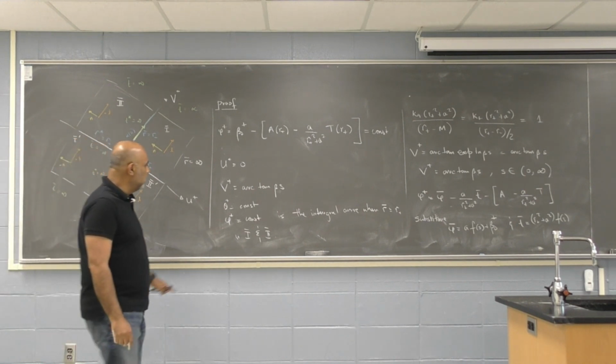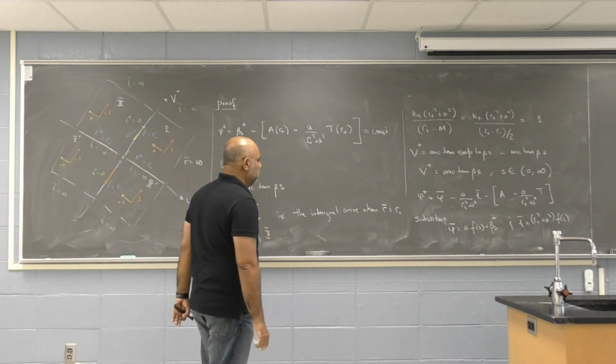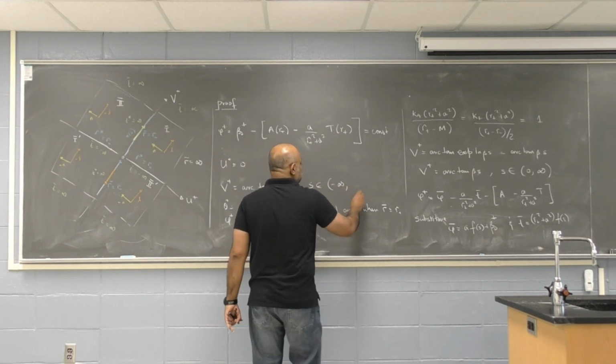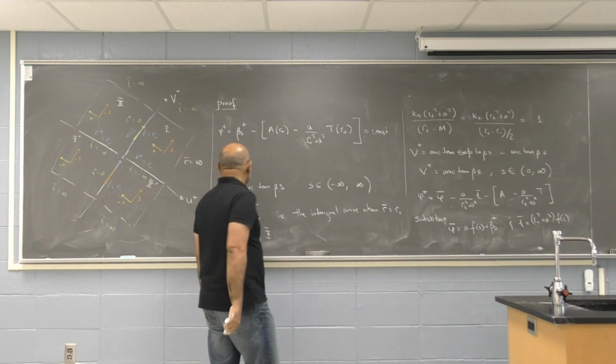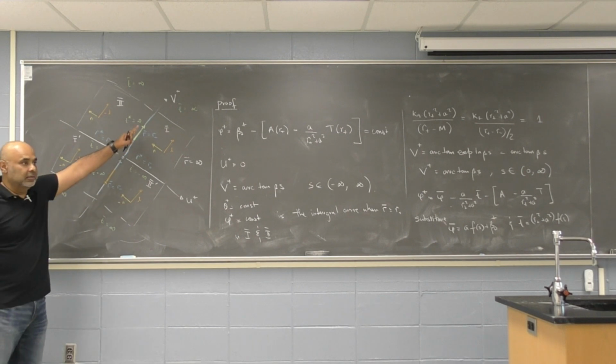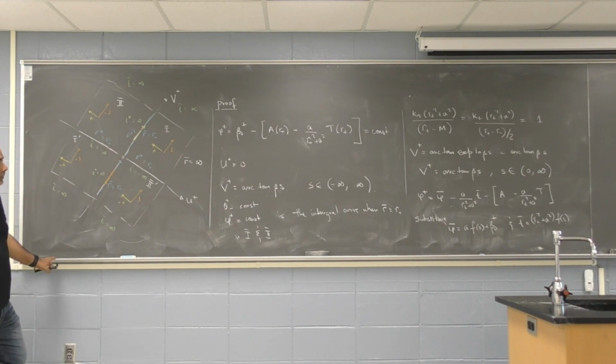So this curve, if you make s belong to minus infinity to infinity, it just traces out that curve. And it's complete. S is minus infinity to infinity. So the geodesics run forever.